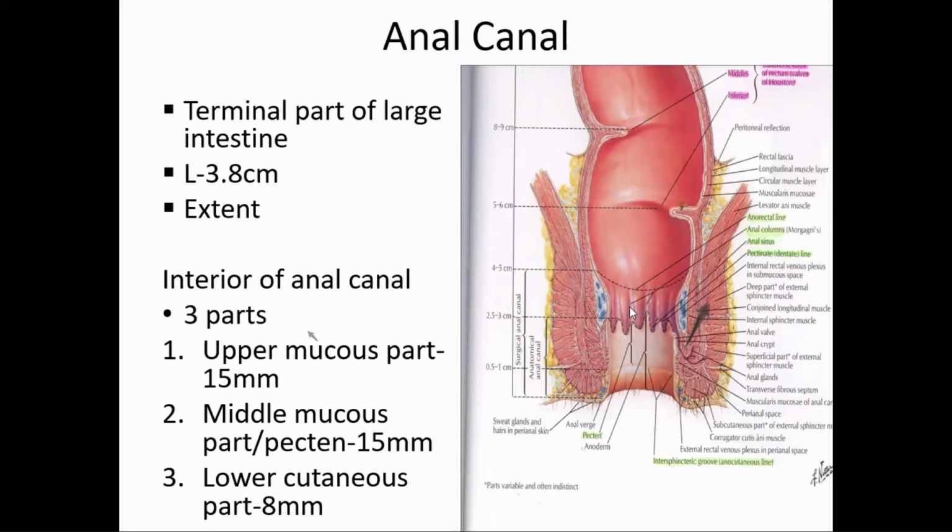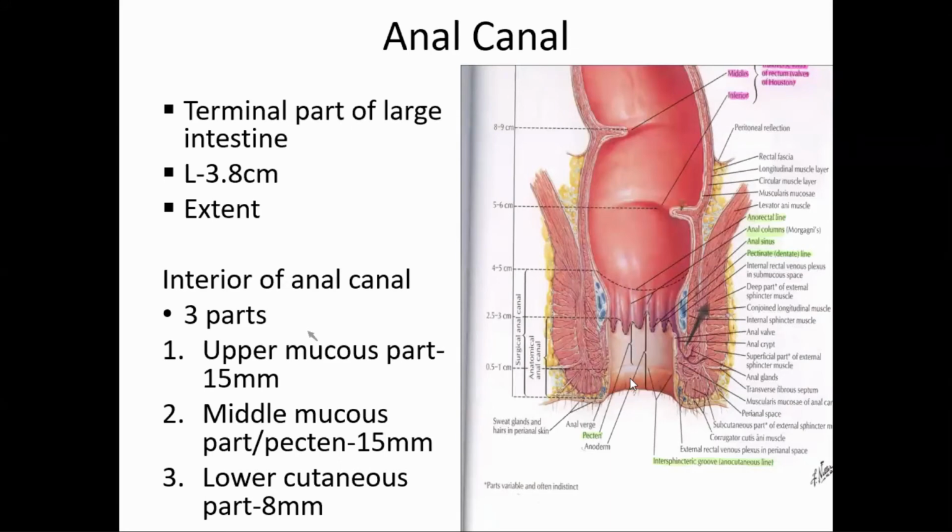The upper part is the mucous part, and its length is about 15 millimeters. The middle part, also called the pecten part, is also about 15 millimeters.